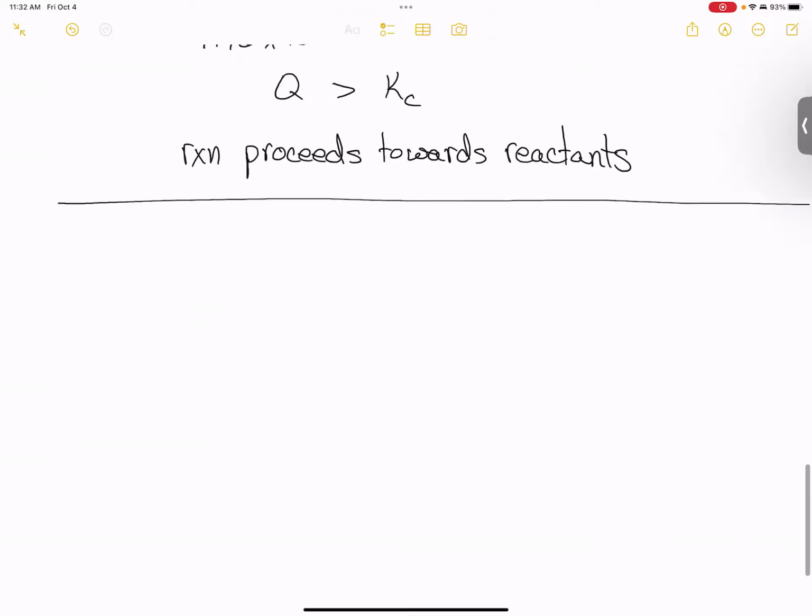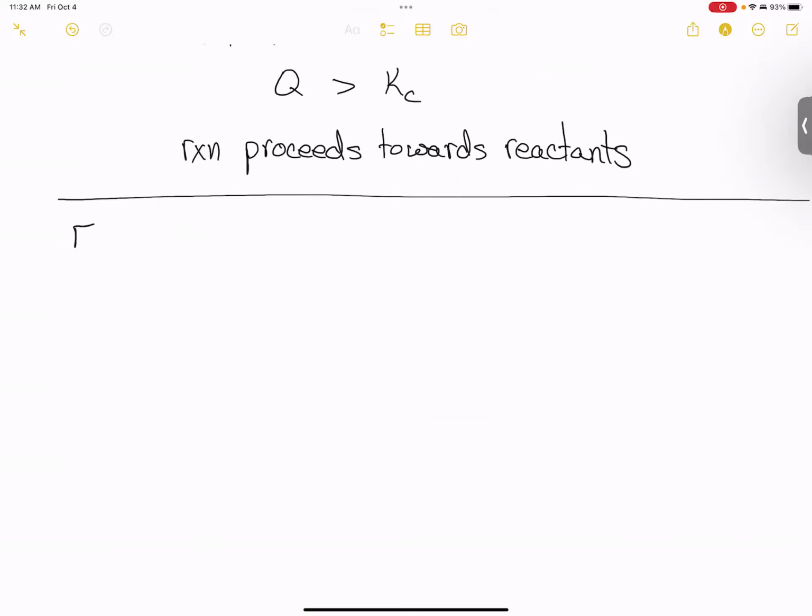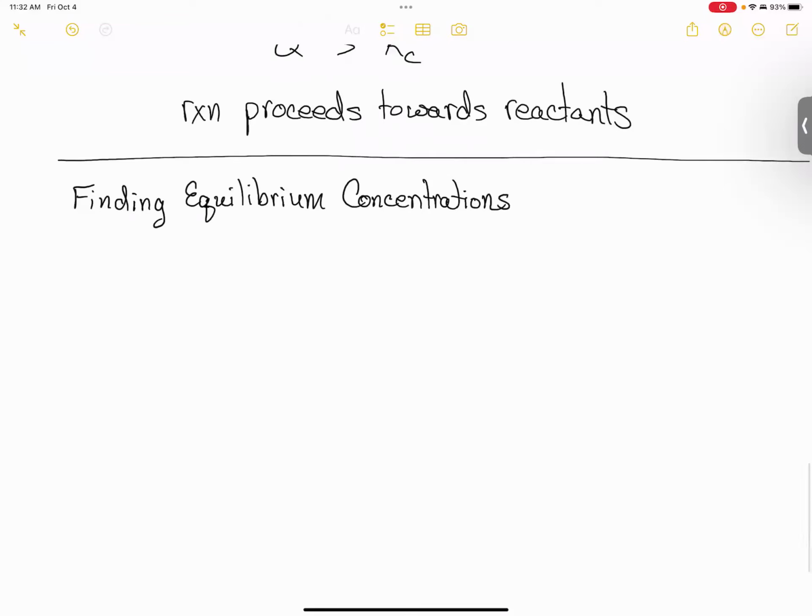Now, what we're going to do is talk about finding equilibrium concentrations. But you're not going to be given an equilibrium concentration to find.